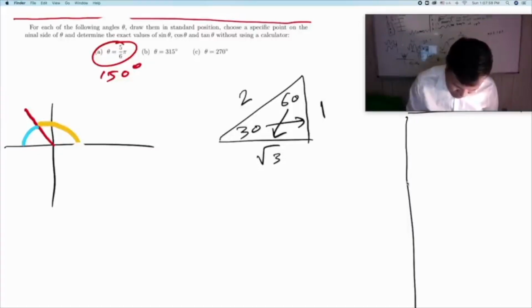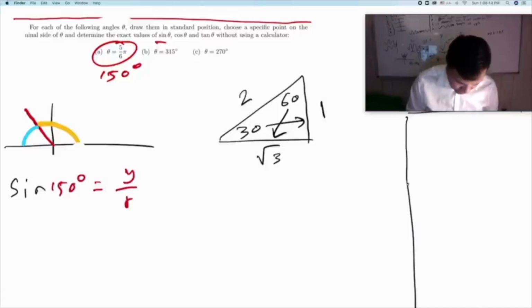Alright, then first we're going to do sine. So sine theta, or in this case sine 150 degree, is y over r. Okay, so we know what y is, and we also know, since it is second quadrant, sine is positive.